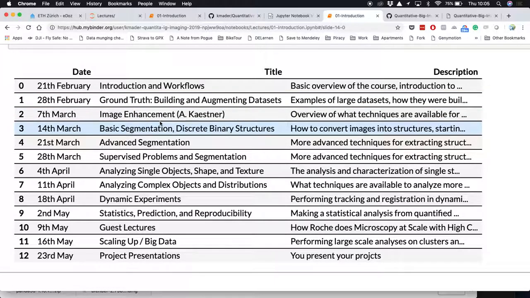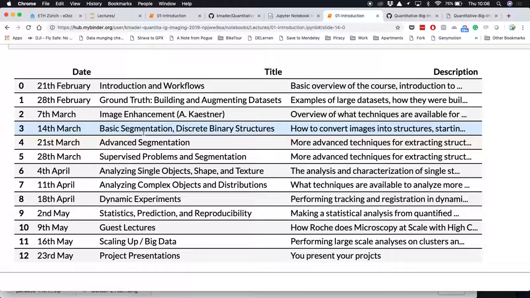The third lecture is image enhancement with Anders Kastner, and he'll cover how you enhance images, what tools are available, and how you decide which tools to use. Then we'll get into the segmentation problems, ultimately ending with supervised problems and segmentation. How do you bring different tools together and let your algorithm learn from data rather than hand coding a bunch of rules?